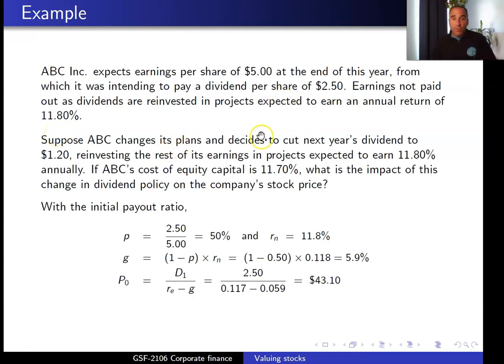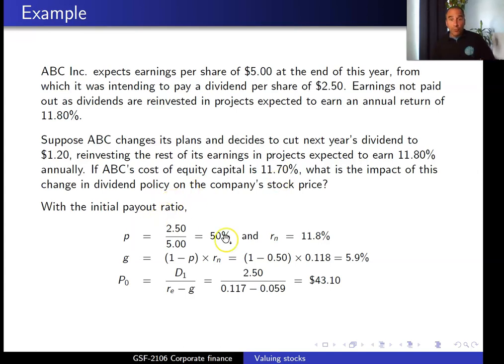The company plans to cut its dividend to $1.20 instead of $2.50 to invest the rest of the earnings into projects returning 11.8%. And the company's cost of equity capital is 11.7%. What is the impact of the change in dividend policy on the company's stock price?